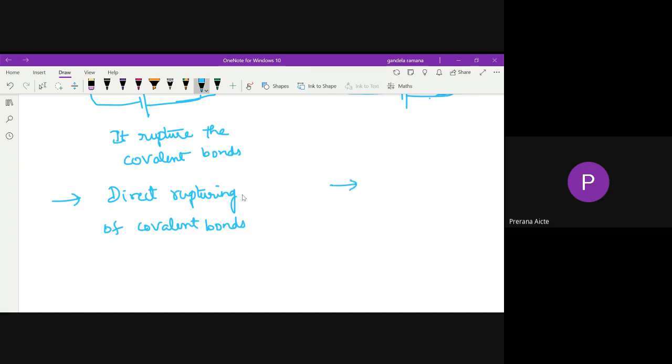In avalanche breakdown, breakdown takes place due to avalanche multiplication of minority carriers. Here breakdown takes place. So what is meant by avalanche?